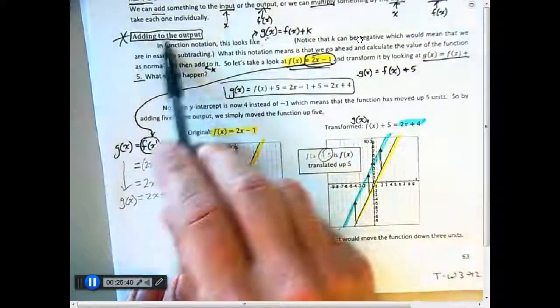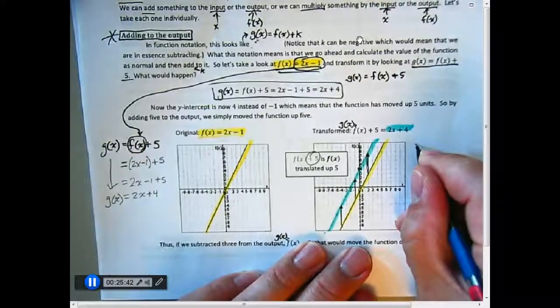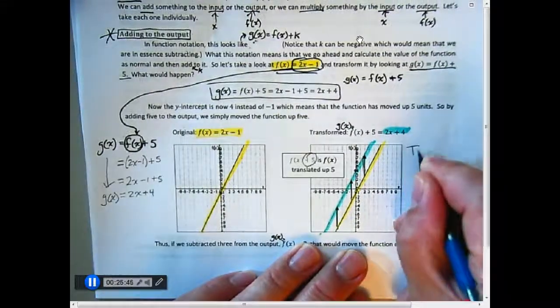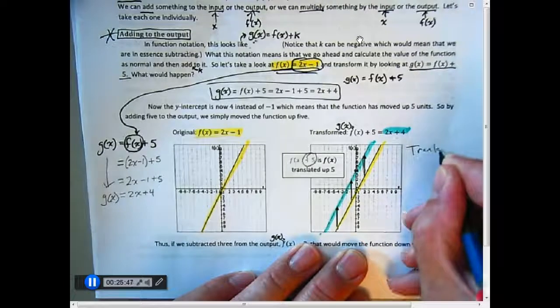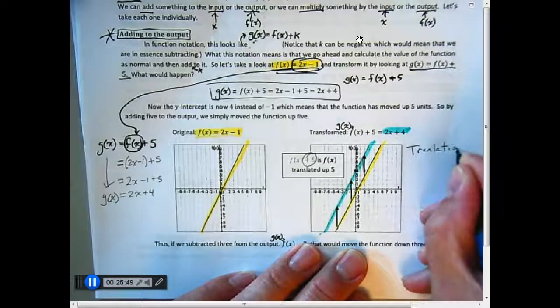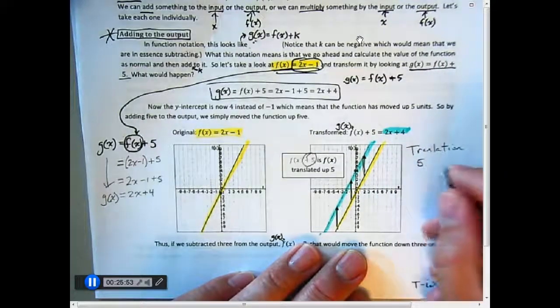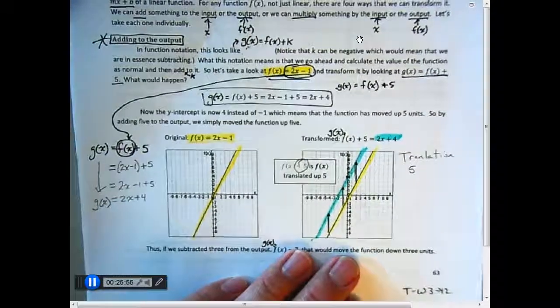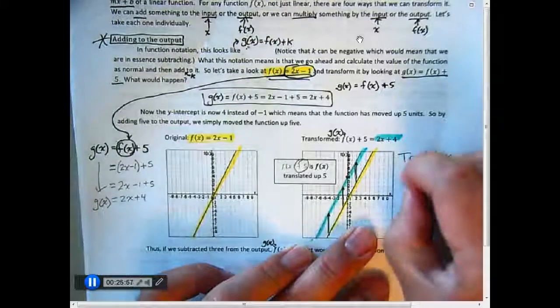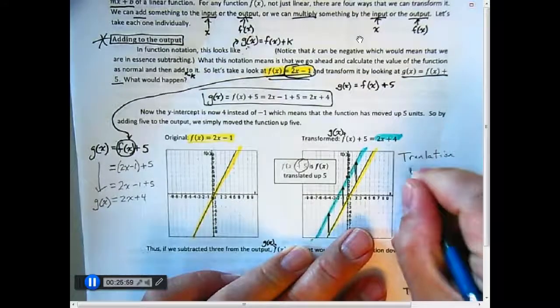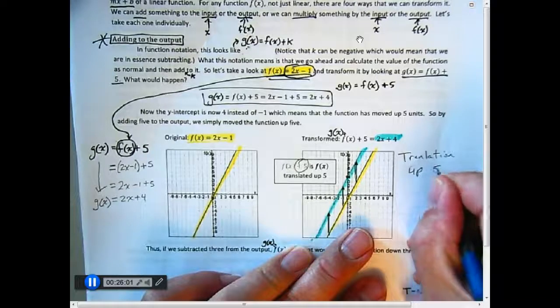When we add to the output, and this is the way we write it, we translate, it's called a translation. In this case, 5. Do they call it up 5 or 5 up in the book? Translation up 5.